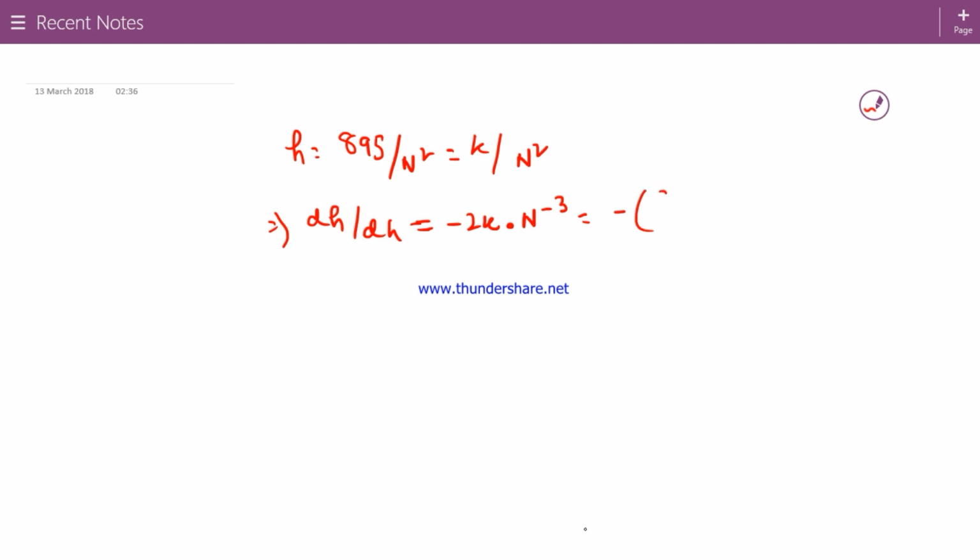So dh will be equal to minus 2k by n squared, and if we keep out another n here, it will be dn by n.